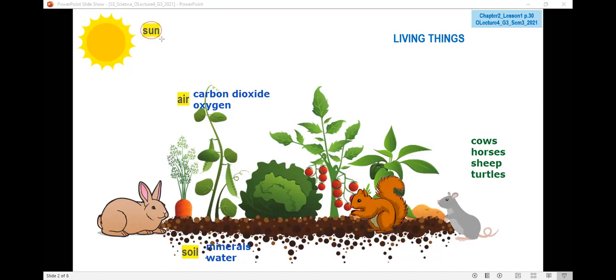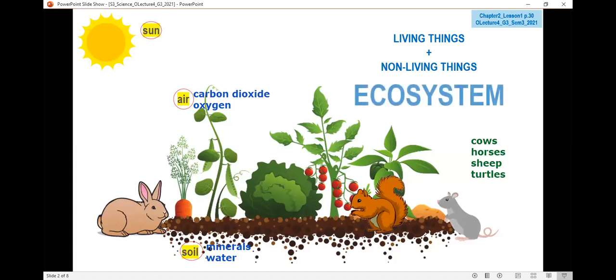The sun, the air, the soil are non-living things. Living things together with the non-living things they use make what we call an ecosystem.